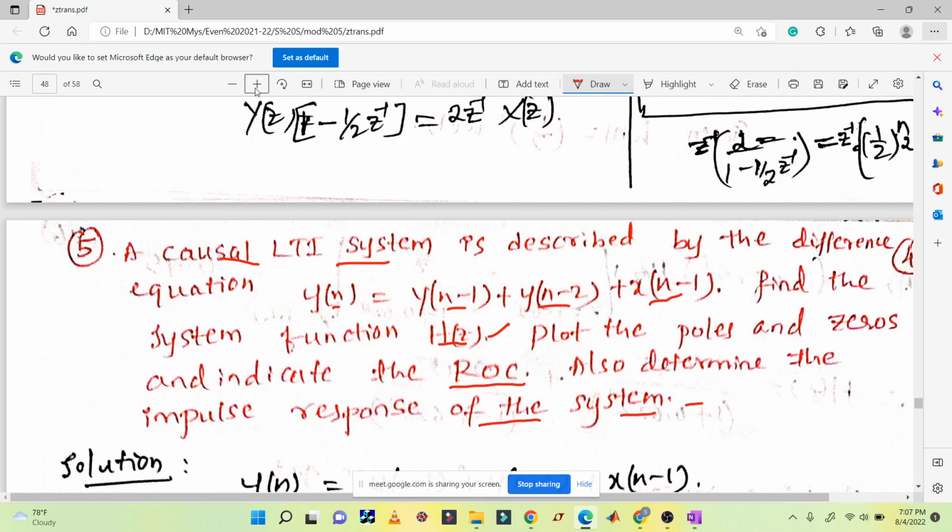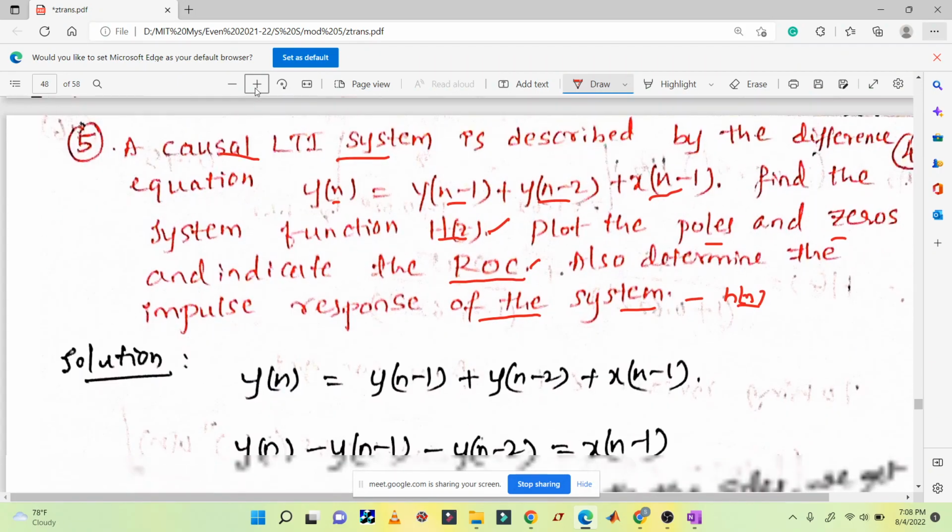So ROC we need to determine, then impulse response means h of n. So we need to find h of z, then find the poles and zeros, indicate the ROC, and determine h of n.